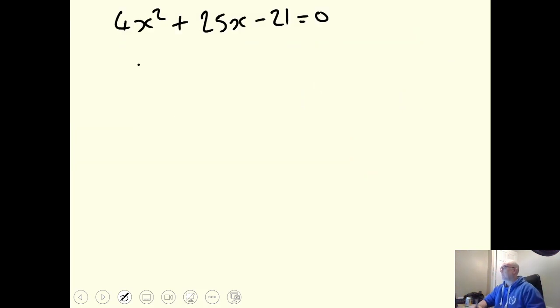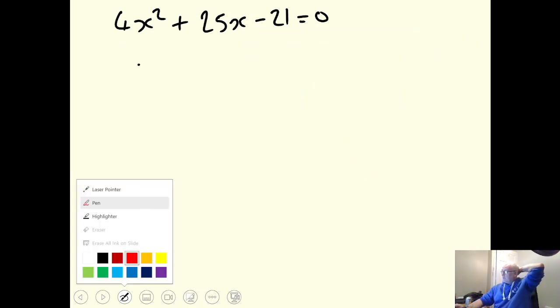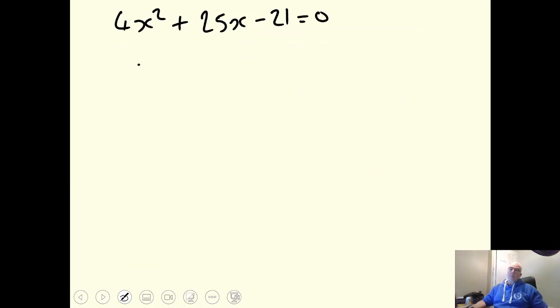Now, sometimes you will get a coefficient of x squared, especially on the higher paper, where the coefficient is greater than 1. Okay, that means that the process is exactly the same. We're still trying to find the product of the constant value, so negative 21, and we're still trying to find the sum of the x term in the middle.